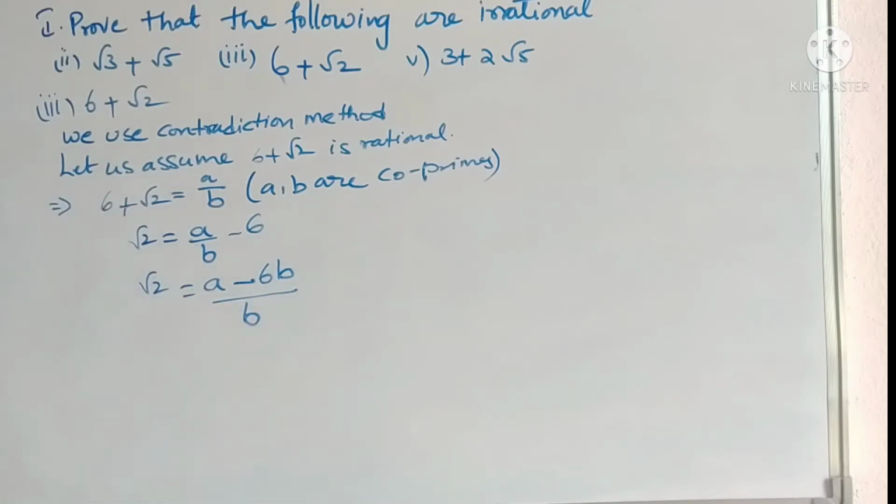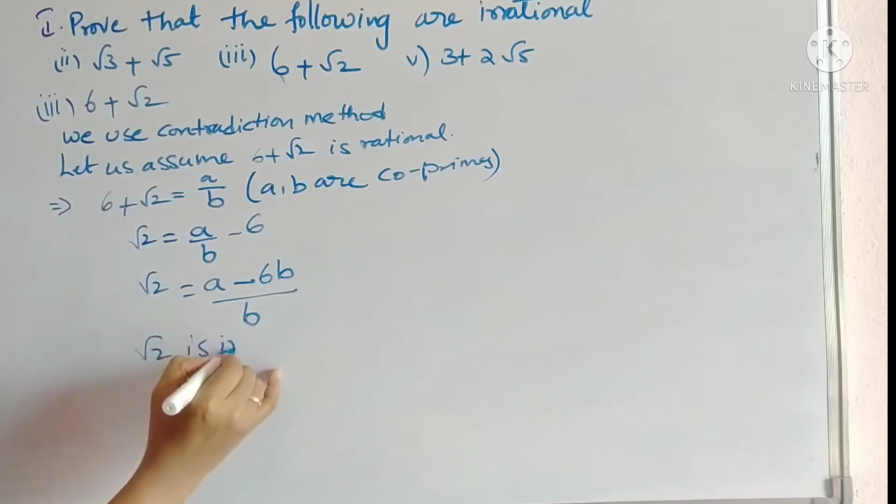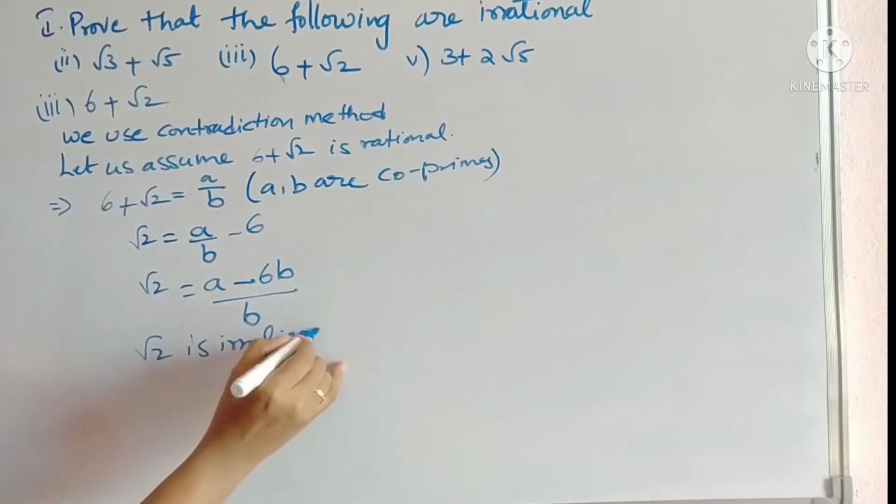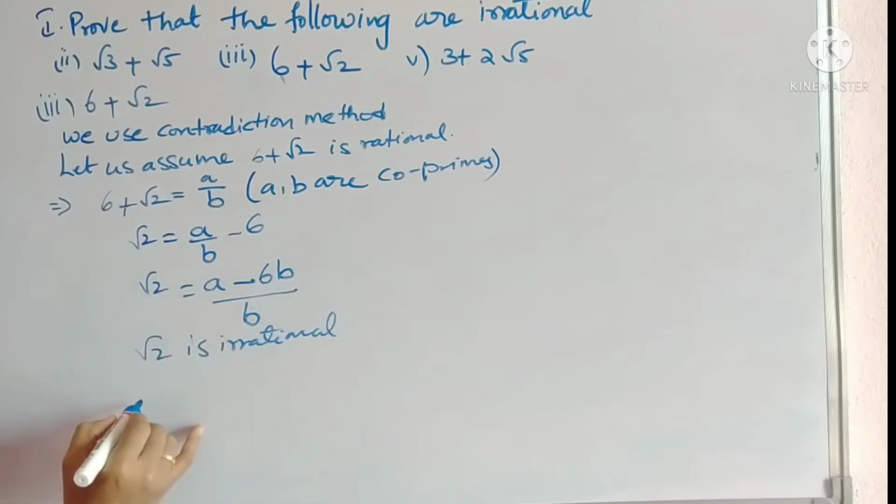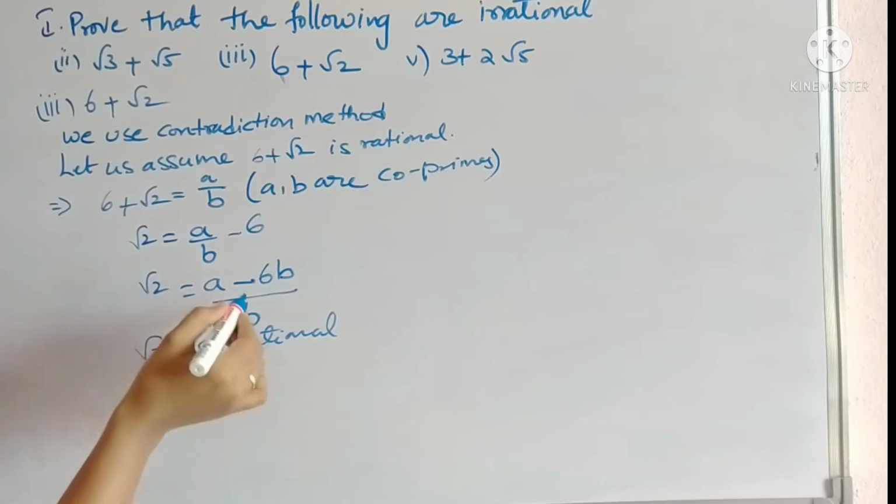If we transpose this 6 to this side, it becomes a minus 6. Root 2 is equal to (a minus 6b) by b. So root 2 is irrational, but here it is in the form of p by q, right?